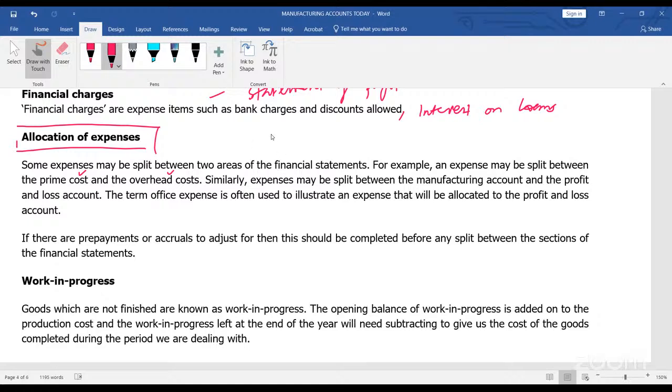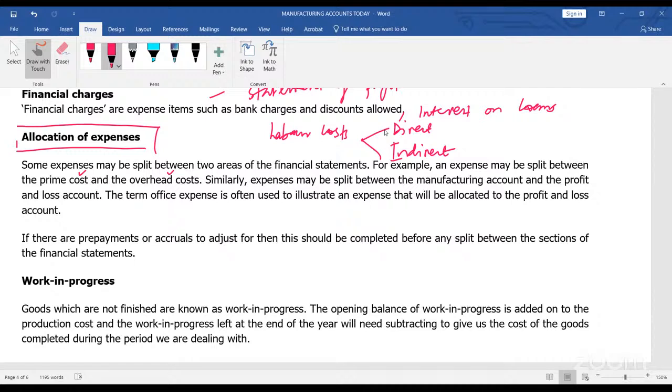We may find that we have labor costs, but we know labor can be direct or indirect. And we have this as our expense, and you have to split it into direct and indirect. So always look at the question, and most especially the additional information, sometimes you find that you have to allocate the expenses to the different areas of the financial statements.